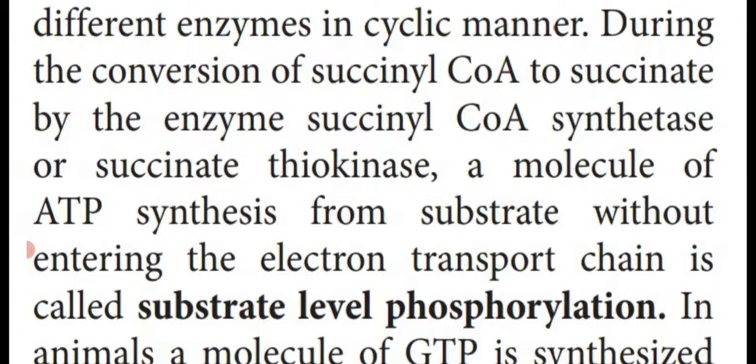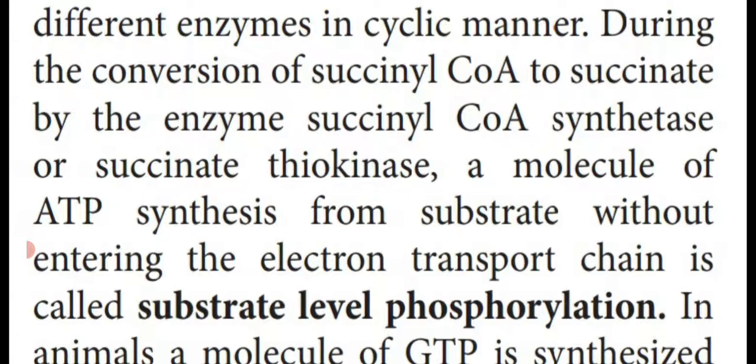During the conversion of succinyl coenzyme A to succinate by the enzyme succinyl coenzyme A synthetase, a molecule of ATP is synthesized from the substrate without entering the electron transport chain. This is known as substrate level phosphorylation, an important 2 mark question.